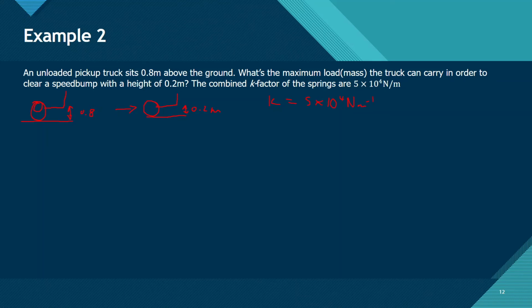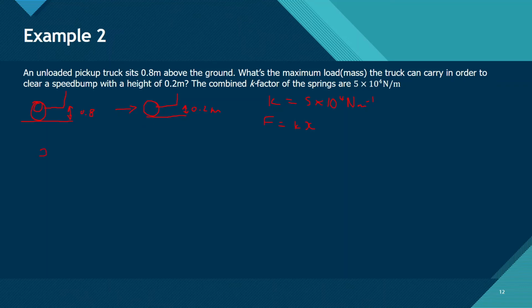Now we state Hooke's law. Hooke's law's formula is F is equal to Kx. We have our K. We get the load or the mass from force, so we need to find our X. How do we get the X?